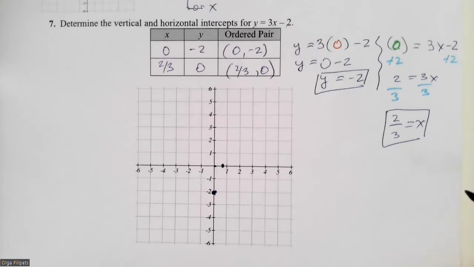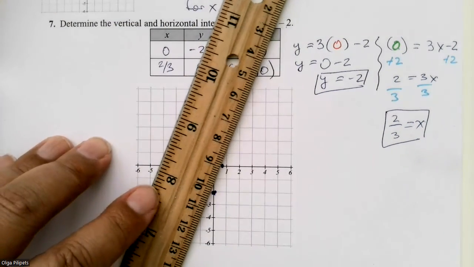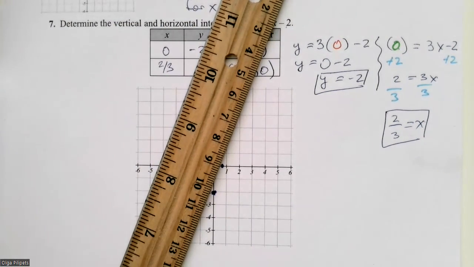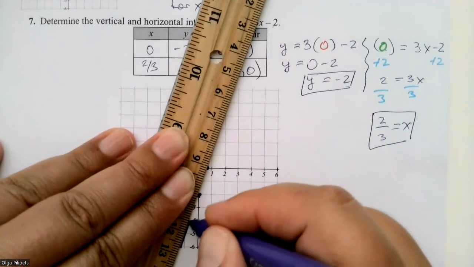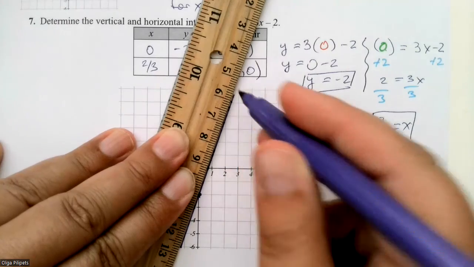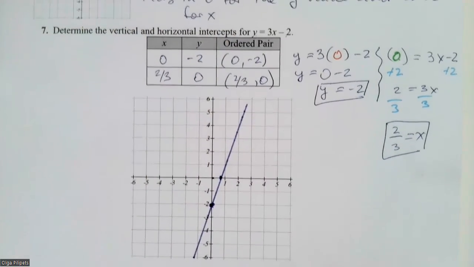All right, that's my second point, and I can take my straight edge and actually draw a line. So this is gonna be my line.